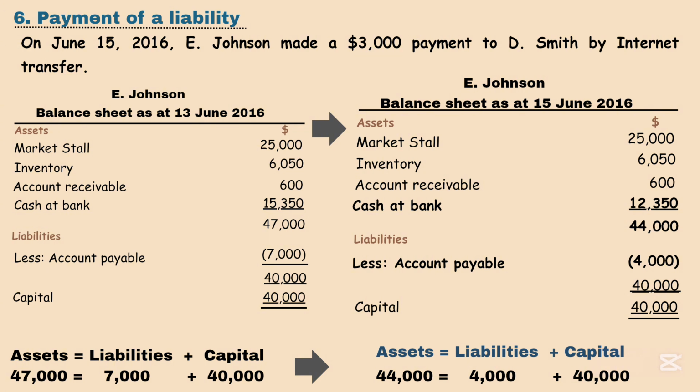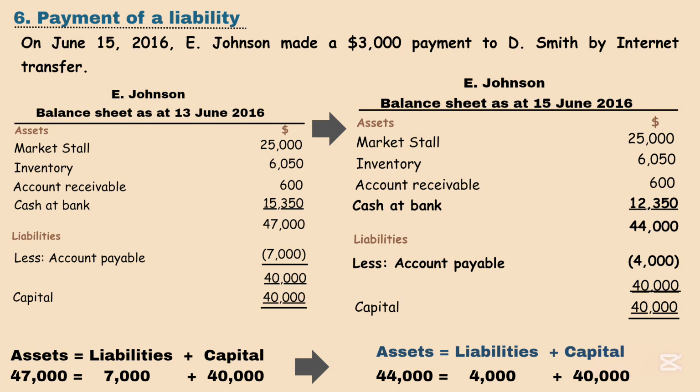Payment of a liability. On June 15, 2016, Johnson made a $3,000 payment to D. Smith by internet transfer. This transaction affects both assets and liabilities. Changes in the balance sheet. Cash at bank decreases by $3,000.